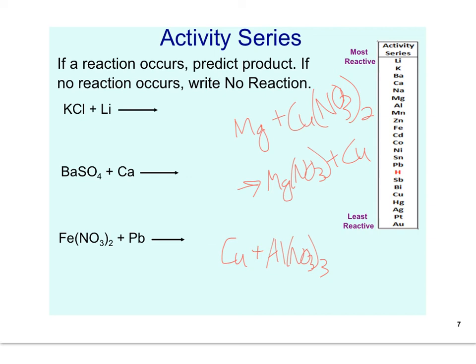So the analogy that I always give students: think of lithium as being like that crazy guy in the fight. He's the guy that's up in your face, yelling at you, telling you he's going to smash your face in. That's lithium. He's insane. Then you have copper, who's that person in the fight who's like, whoa, man, you just need to calm down. It's okay. Don't worry about it.